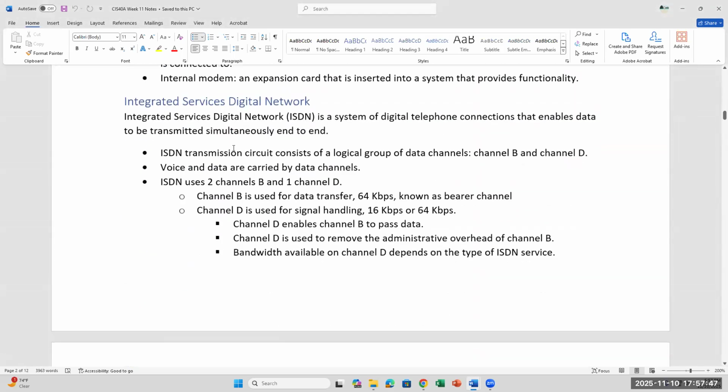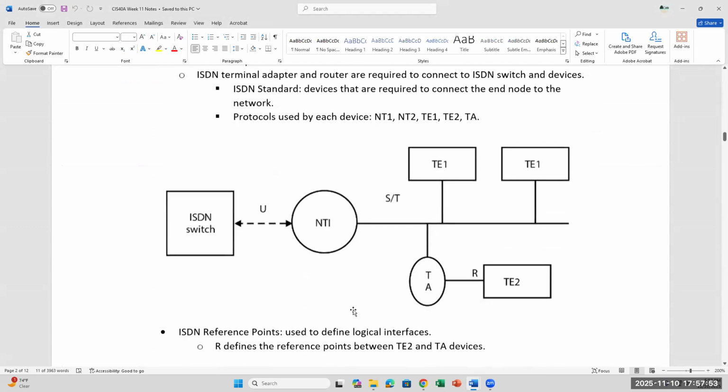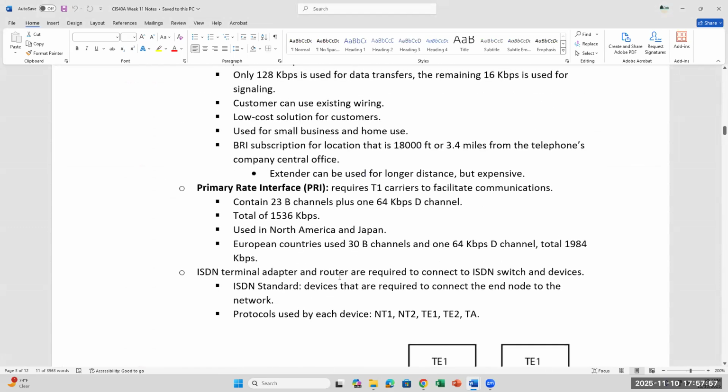After you see ISDN at the bottom of page 2, going to page 3, it talks about different types of PRI. North America and Japan are close, and this is where I found the answer for the other one.